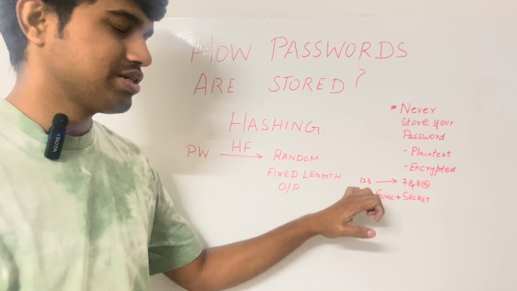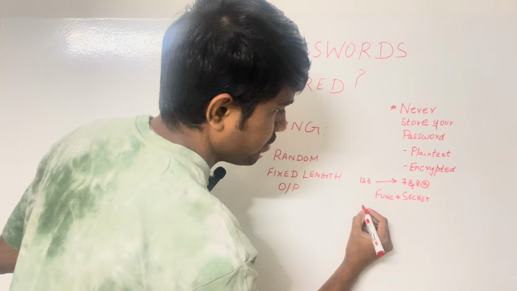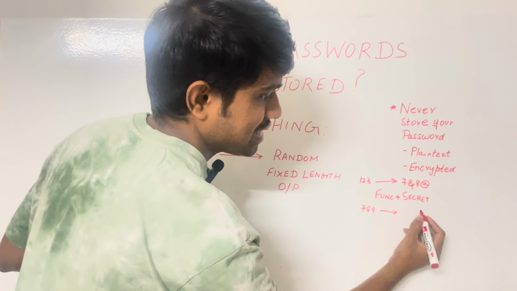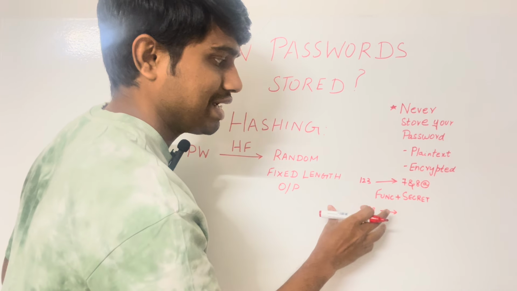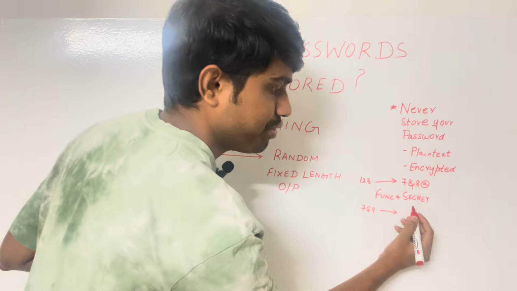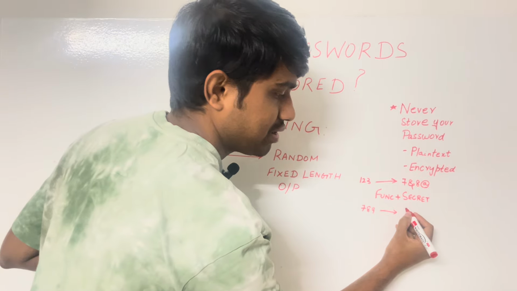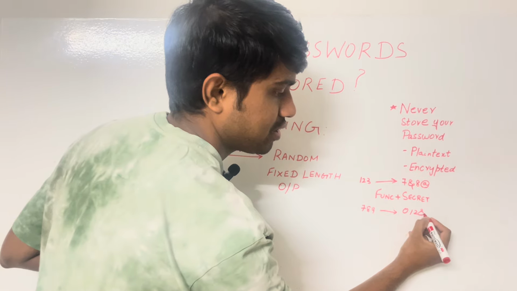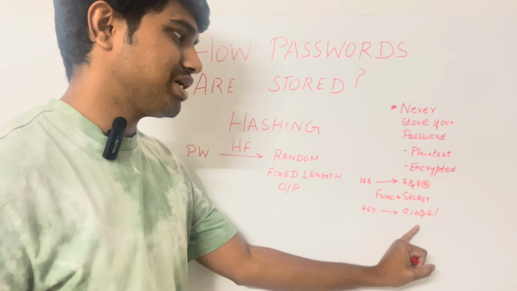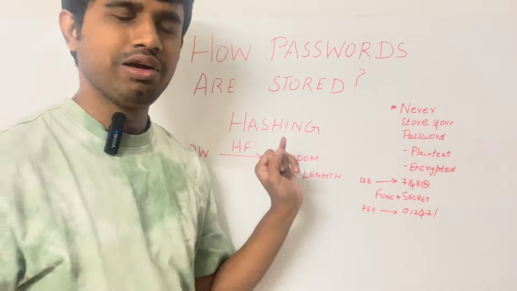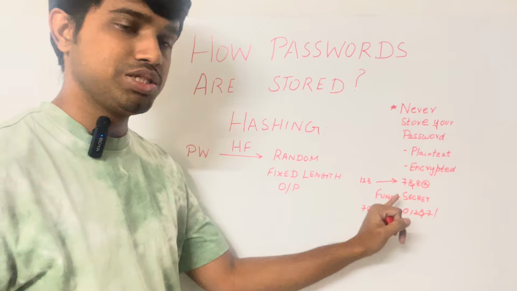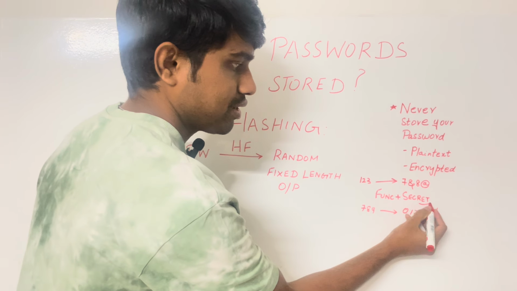So it is similar to encryption, in the sense that if you give a password like 789, it will give you an equivalent random integer. So what is the difference between hashing and encryption? The main part that is missing, as you can see, is the secret.